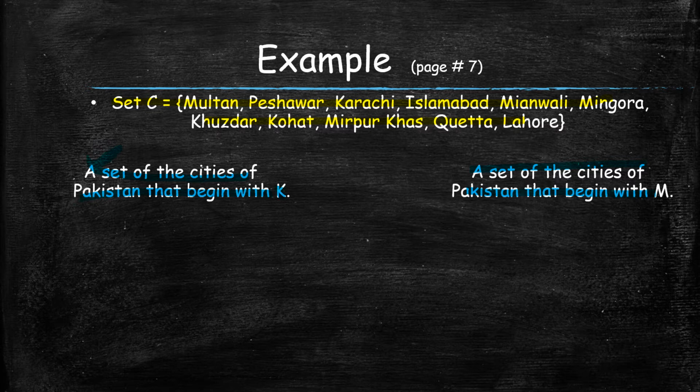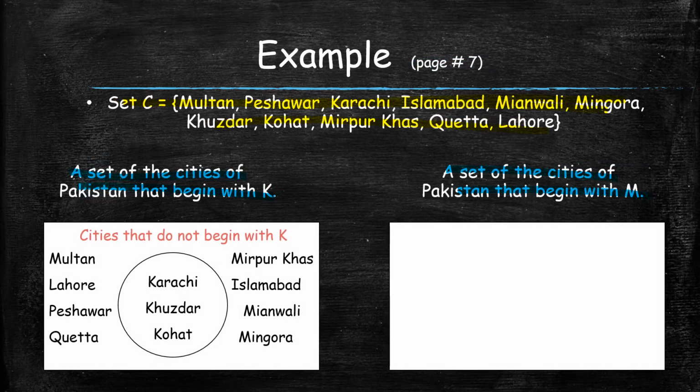Now you have to write the names of those cities that begin with K. This example is from your book on page number 7. Now what we'll do, we'll make a circle and write all the names that begin with K inside the circle, and those that don't begin with K, we will write them outside the circle like this.